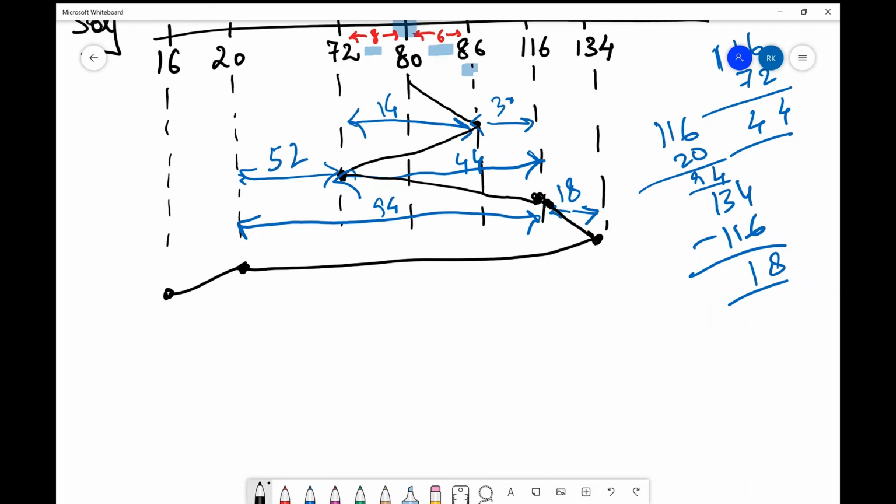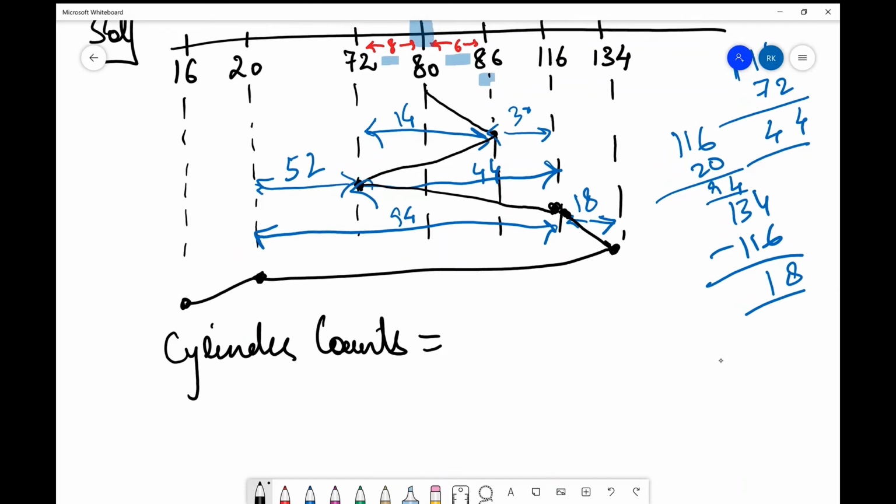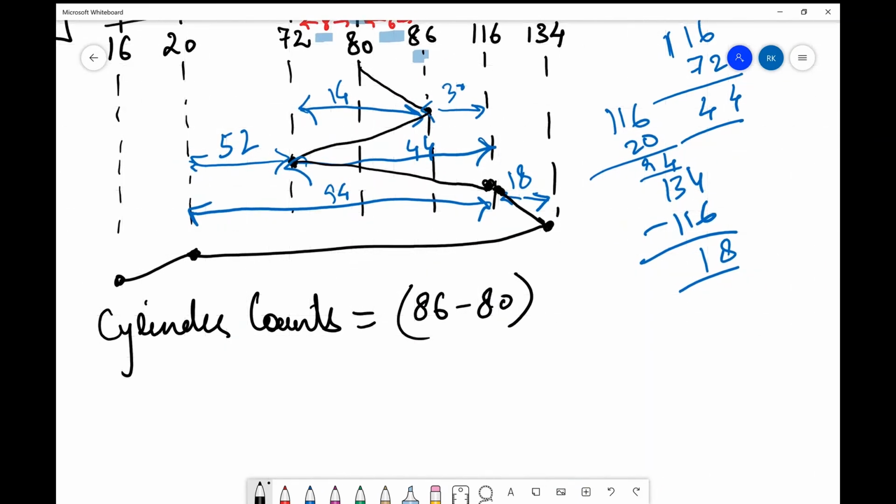So very simple over here, you check the cylinder counts, and that is what? 86 minus 80, right? Plus you just add up all the counts in the same order in which you served.